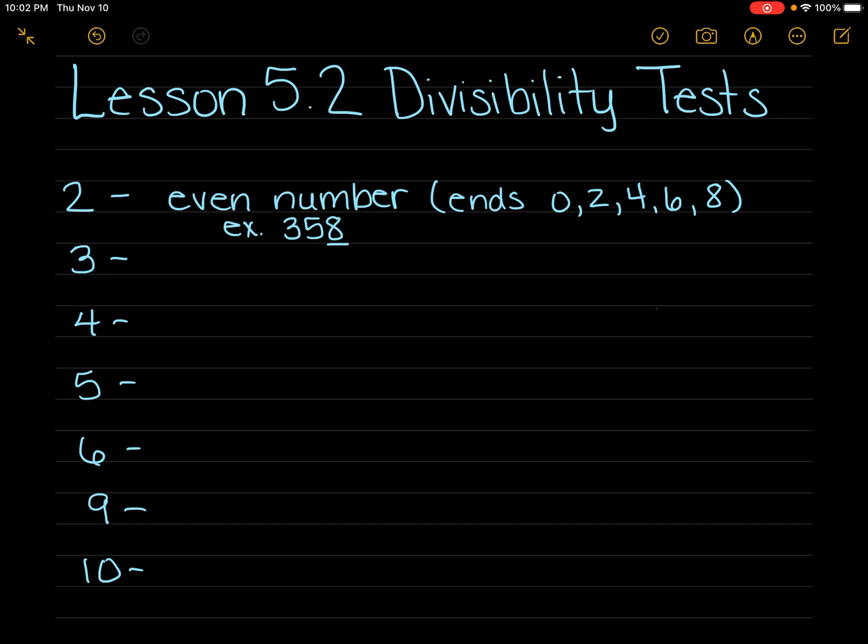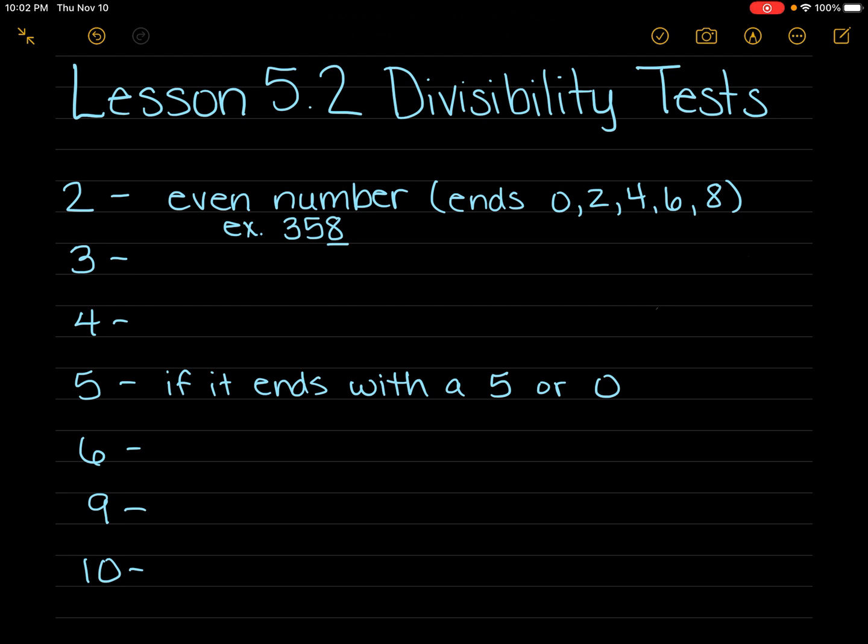Okay, we're going to skip down to 5. So the way to tell if something can be divided by 5 is if it ends with a 5 or a 0. So if it ends with a 5 or a 0, that means it can be divided by 5.